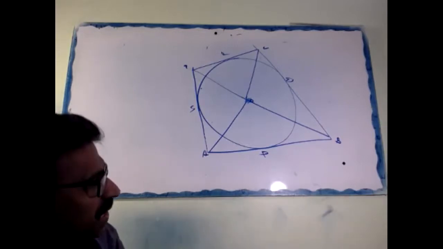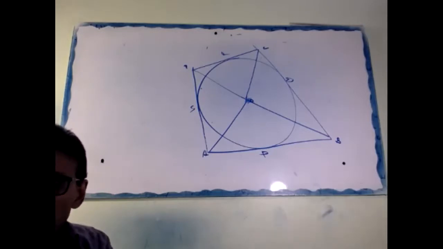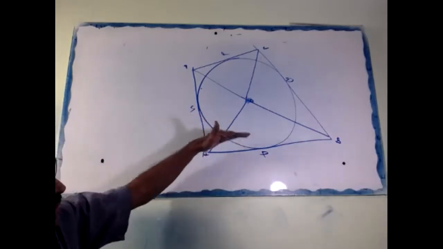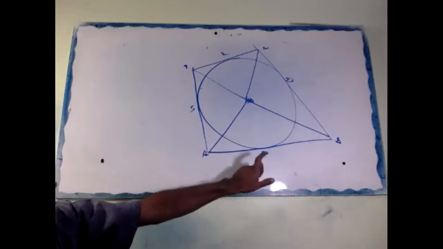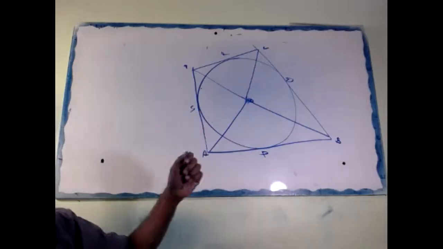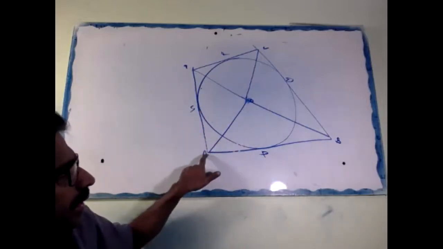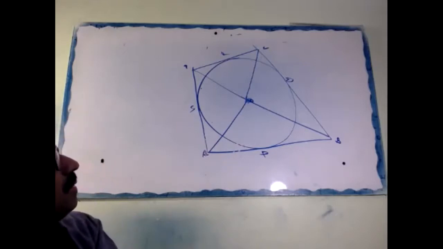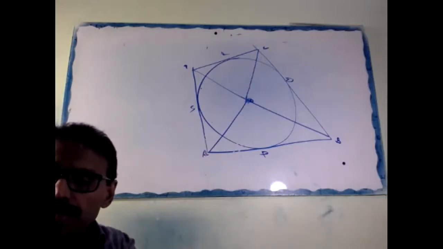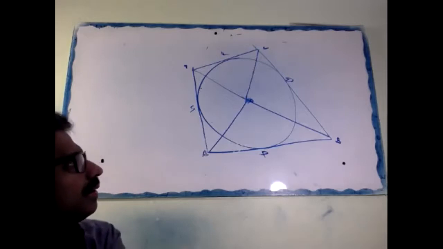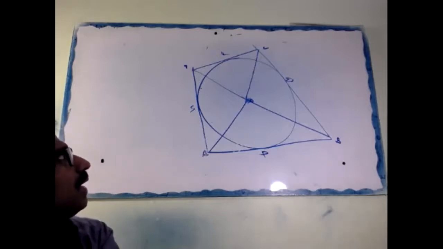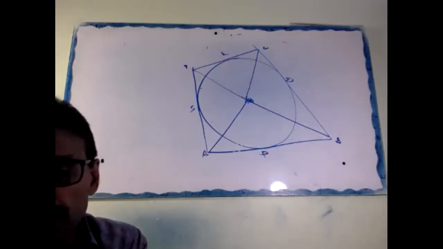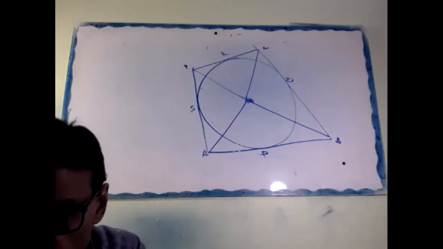Look at here. Question clear or not? A circle touches the sides of a quadrilateral at P, Q, R, S. Show that angle AOB plus DOC is 180 degrees and BOC plus AOD is 180 degrees.